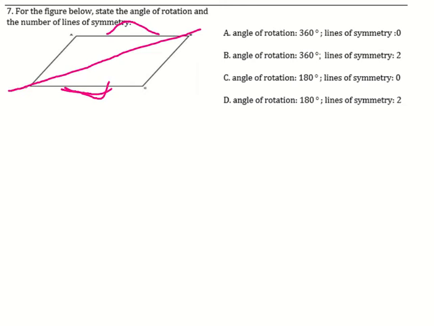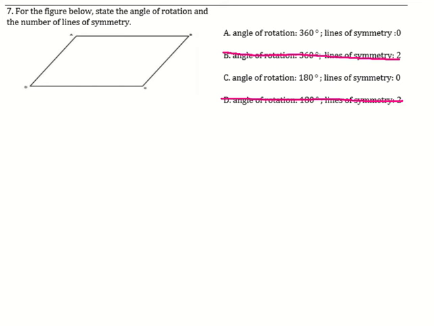So in this case, with your parallelograms, more so your quadrilaterals slanted like this, you're going to have 0 lines of symmetry. There's not any way that we can cut this shape so that it will produce a mirror image of the other side.